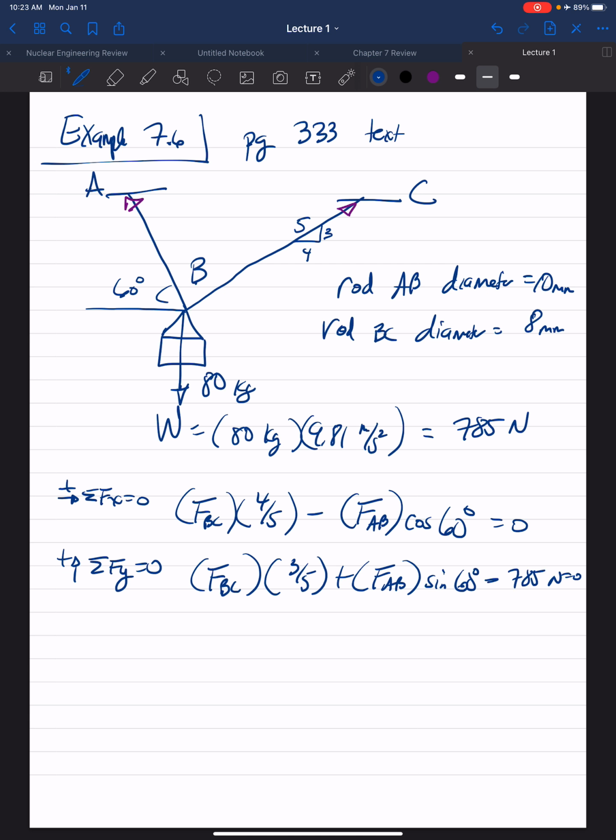Solving these two equations either by substitution or simultaneously, substitution being easier, you get FBC equals 395.2 newtons and FAB equals 632.4 newtons.